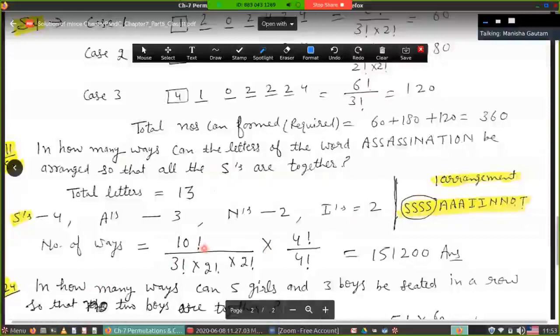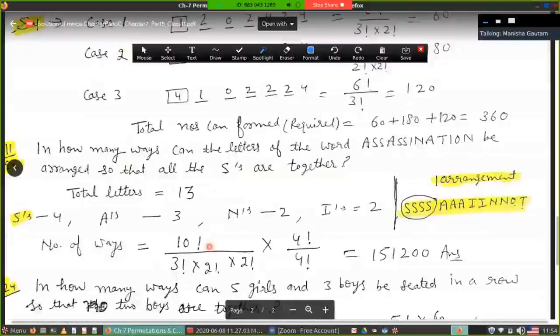Total letters are 13, and you have to fix these 4 S at one place. So the number of places are 1, 2, 3, 4, 5, 6, 7, 8, 9, and all 4 S's are there. That means this is the 10th one.